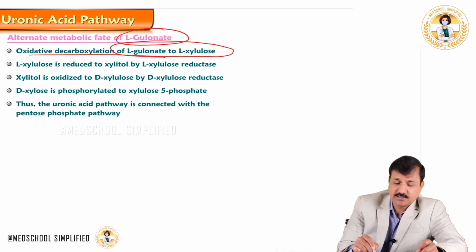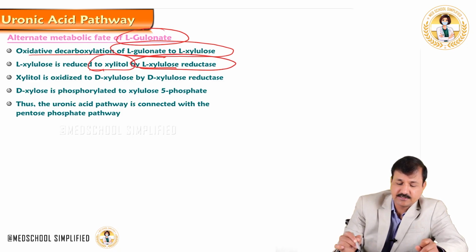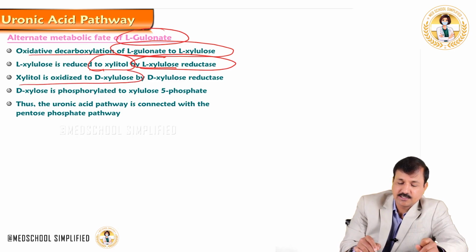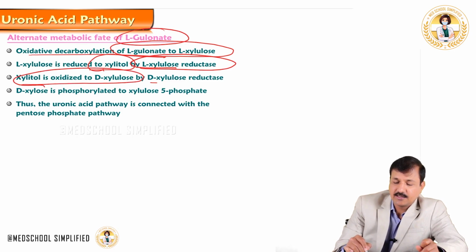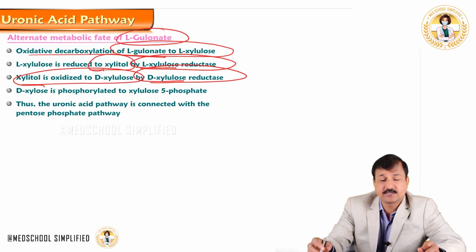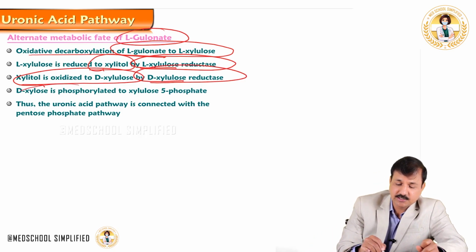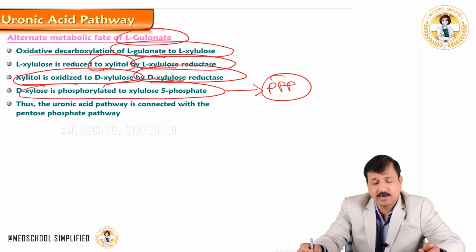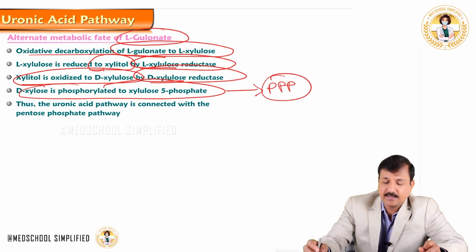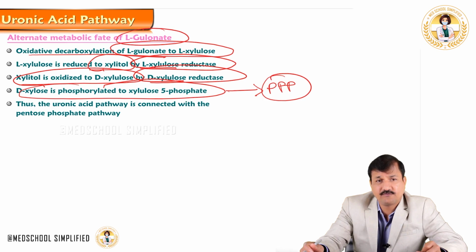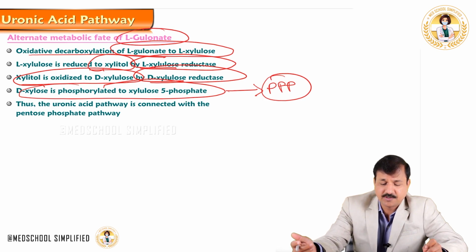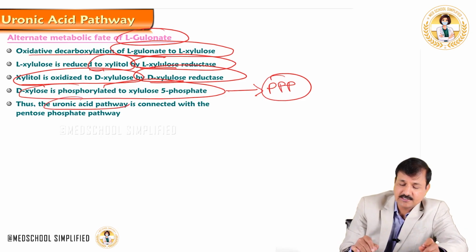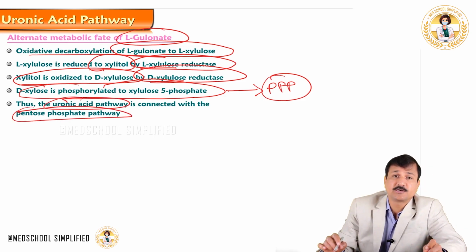And this L-xylulose is reduced to xylitol by the L-xylulose reductase enzyme, and xylitol is oxidized to D-xylulose by the D-xylulose reductase enzyme, and D-xylulose is phosphorylated into xylulose 5-phosphate, and that xylulose 5-phosphate goes into the pentose phosphate pathway. So ultimately L-gulonate is converted into xylulose 5-phosphate going into the pentose phosphate pathway. That's how the uronic acid pathway is connected with the pentose phosphate pathway.